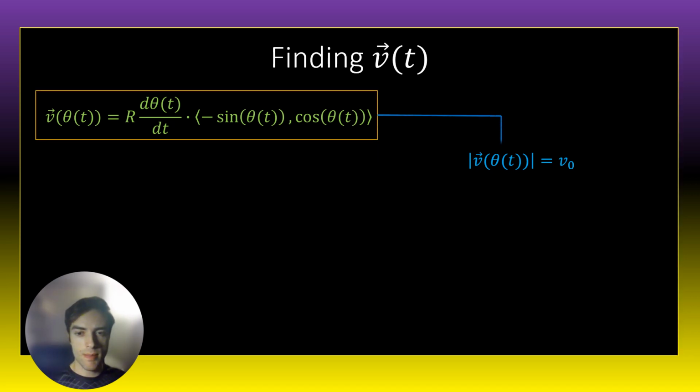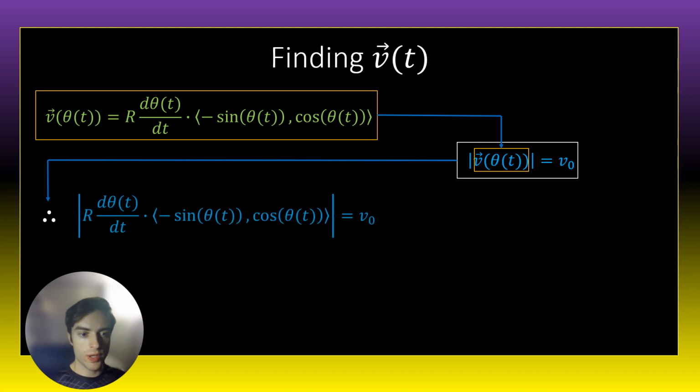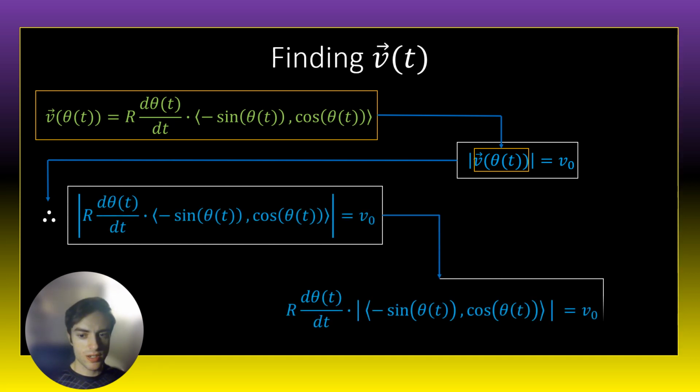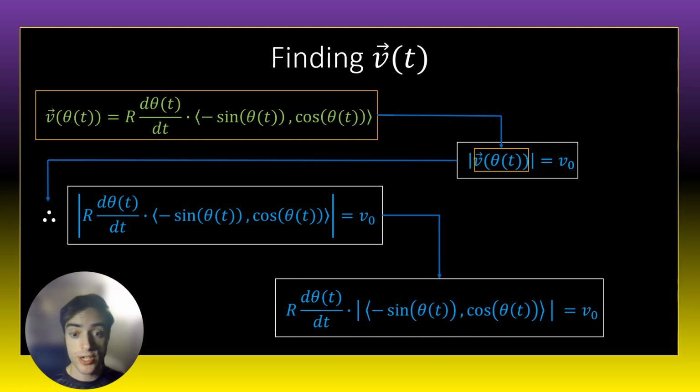So if we combine this information, we get the magnitude of that one expression is equal to v naught. And using this, we can actually solve for d theta by dt, which is exactly what we need.